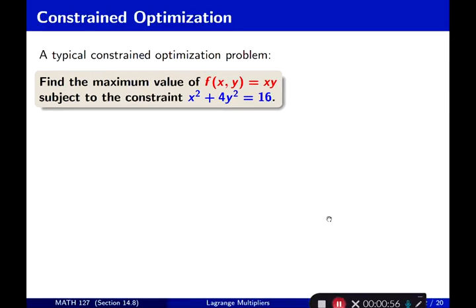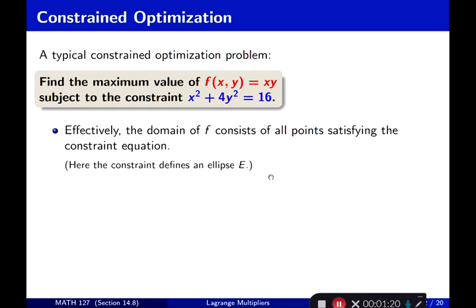Note that for the function f of x and y equal to x times y, we're trying to find the maximum of this function over the effective domain x squared plus 4y squared equal to 16, which is an ellipse basically. And so we're restricting our domain just to that ellipse, which is a curve.